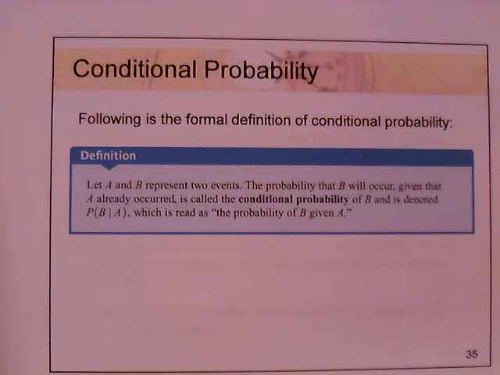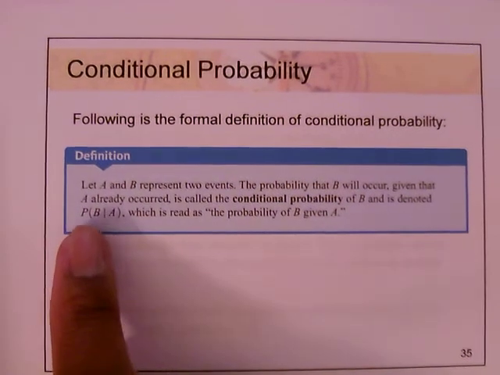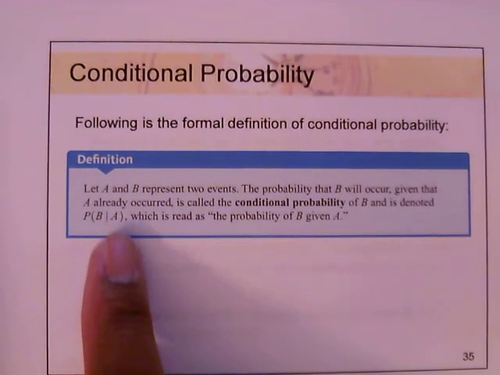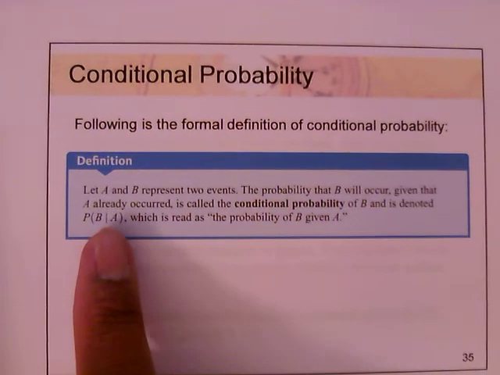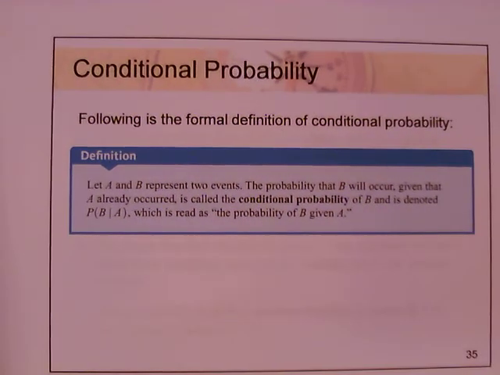The probability that B will occur given that A already occurred is called the conditional probability of B and is denoted as this. The probability of B with a vertical bar and then A, that says the probability of B given A. So here we're dealing with the probability of event B given that A has already occurred.